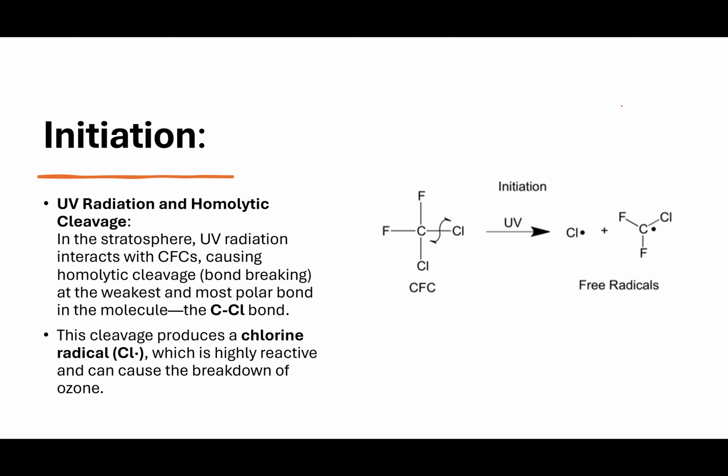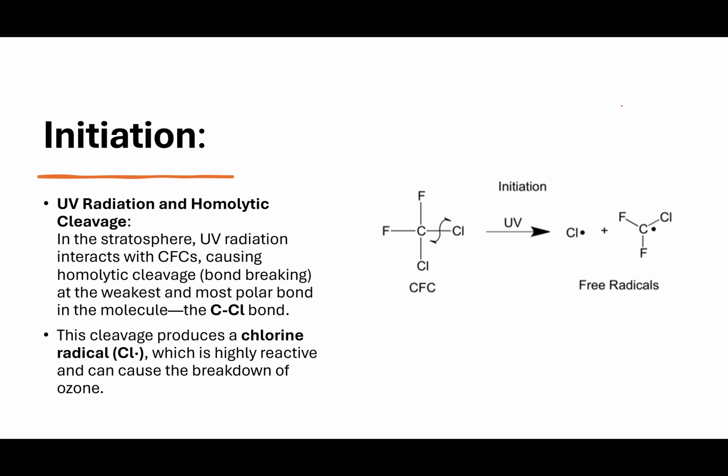Let's use this CFC here. This is dichloro-difluoromethane. So we have UV radiation and homolytic cleavage. In the stratosphere, UV radiation interacts with CFCs, causing homolytic cleavage at the weakest and most polar bond in the molecule, which will be the chlorine-carbon bond here, the weakest of them.